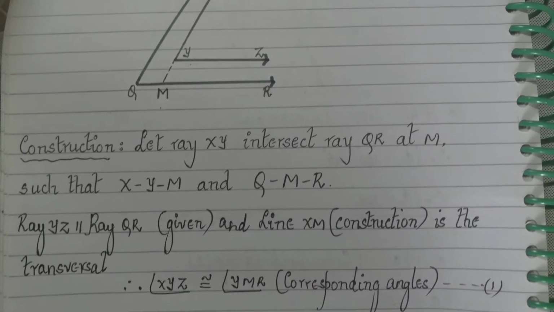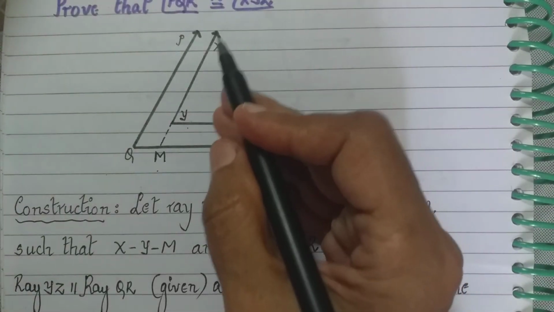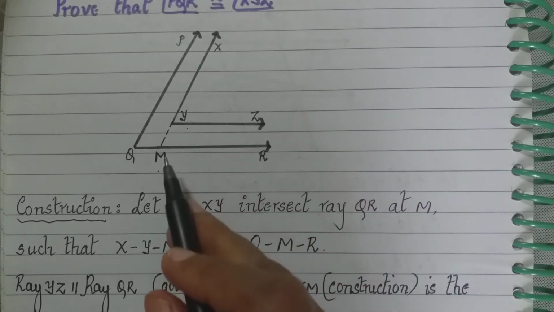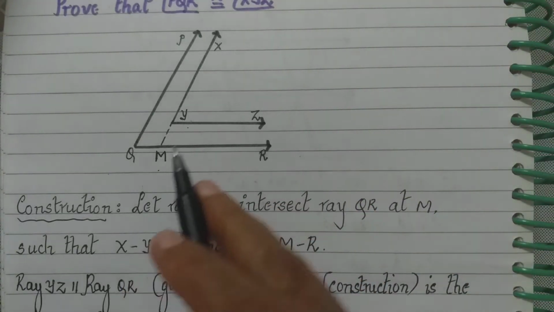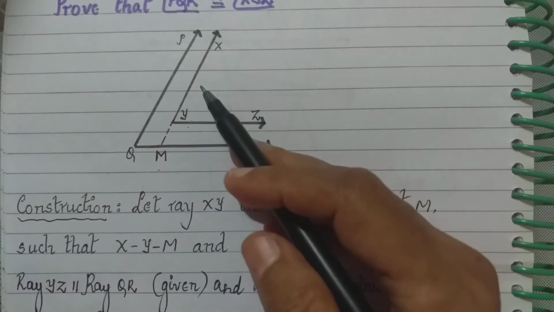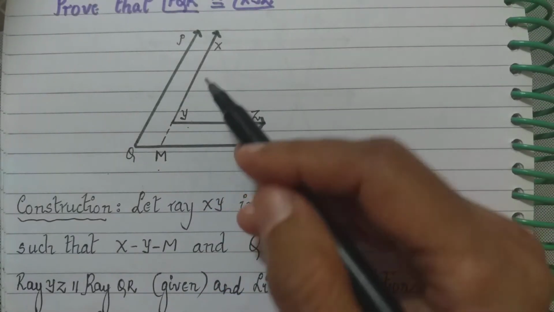Let us see whether we have named it properly. Angle XYZ is congruent to angle YMR. This is one pair. Now let us look at one more pair of corresponding angles.